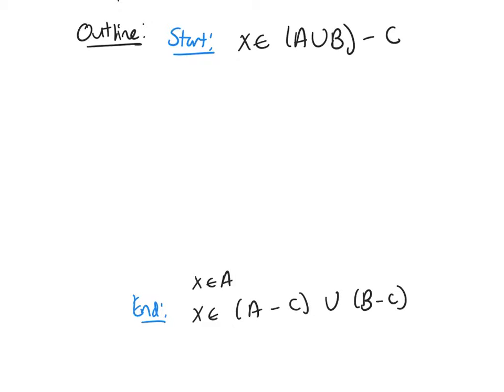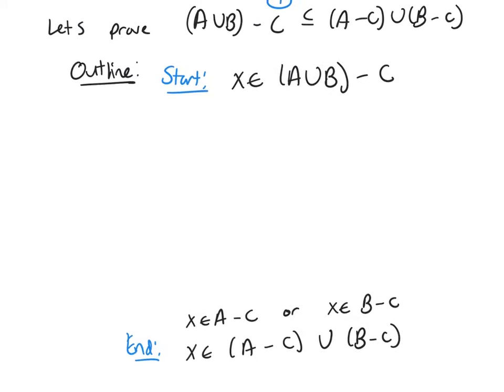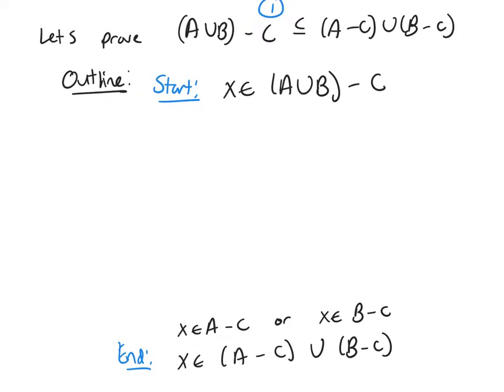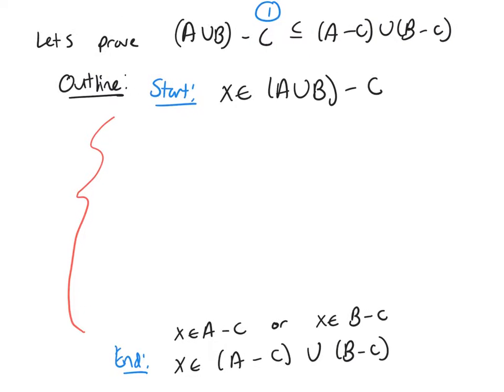It means that you're in the first set or in the second set. All right, so let's go back to the start, and remember what we have to do is fill in this section right here. So let's fill this part in now.